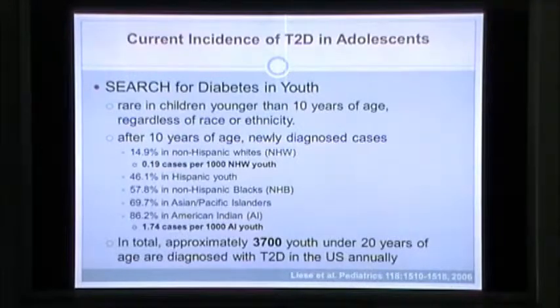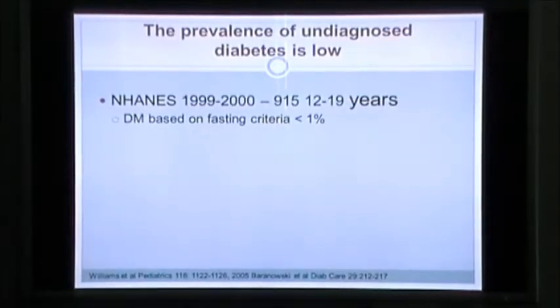So by any definition, this is an orphan disease. The estimates are that the prevalence of type 2 diabetes in the United States is about 40,000 under the age of 20. And we'll come back and talk about drug trials and the implications of that number for the design of drug trials. So that's one thing. Unlike type 2 in adults, this is a rare disorder.